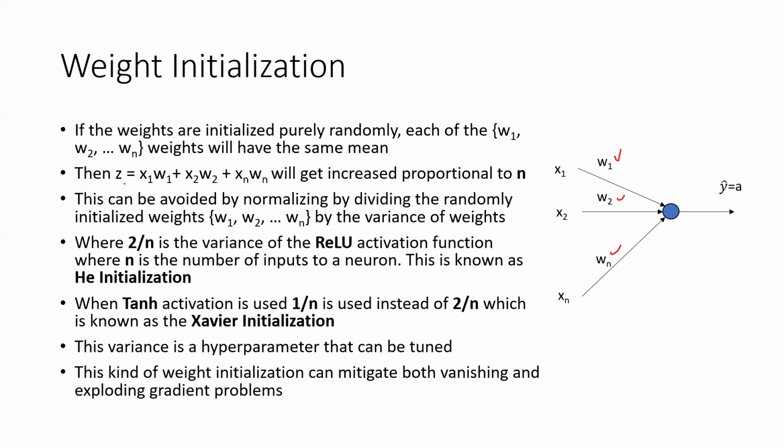But say W1, W2, and Wn are the weights of a neuron, and x1, x2, xn are the inputs of the neuron, and y hat is the output of the neuron. Before we apply the activation, we will have an intermediate value Z inside the neuron. This Z value would have a relationship like this: X1 W1 plus X2 W2 plus up to Xn Wn. Once you apply the sigma to Z, you will have the activation value. So this Z value would increase when your n is increasing.